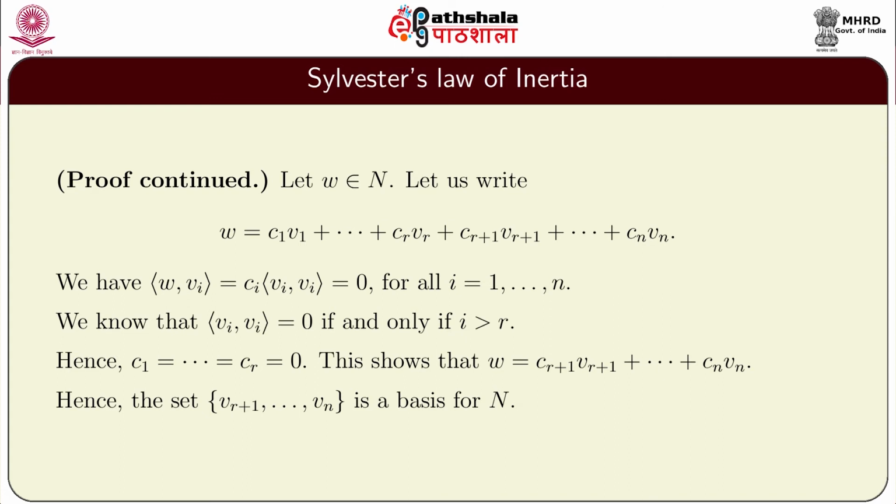If we take the inner product of W with Vi, then plugging in that expression for W inside the inner product and applying bilinearity, we obtain Ci times the inner product of Vi with itself, and that is 0 for all i equal to 1 to n.